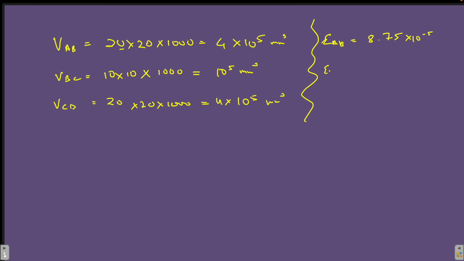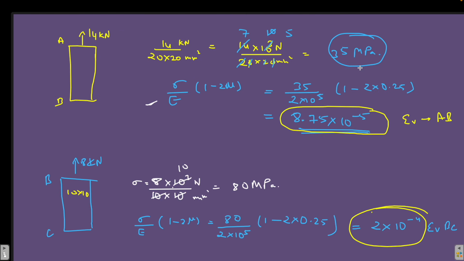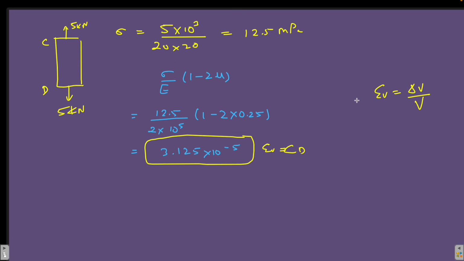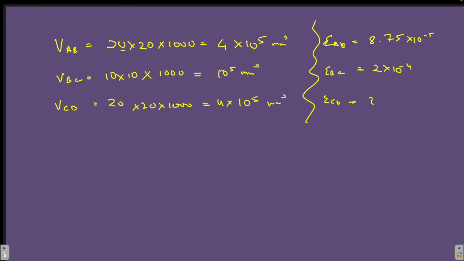Now volumetric strain of BC is 2 into 10 to the power minus 4, right? And the volumetric strain of CD is 3.125 into 10 to the power minus 5.